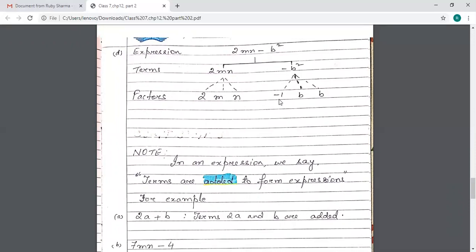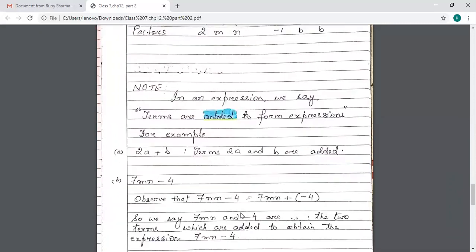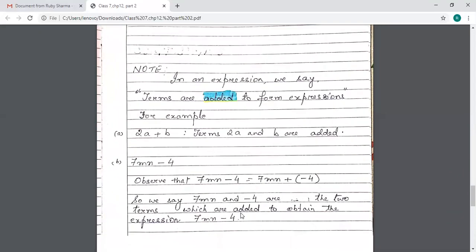So terms also, as I said before, we usually say terms are added to form expressions. Now how can you say that terms are always added to form expressions? Here I've given you one example. Now see 2a plus b. Now these are addition. b is added to 2a.